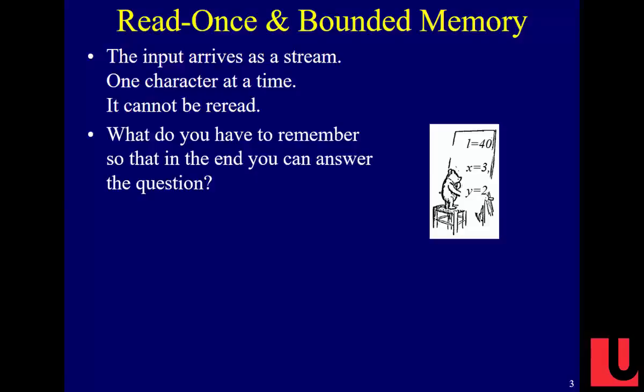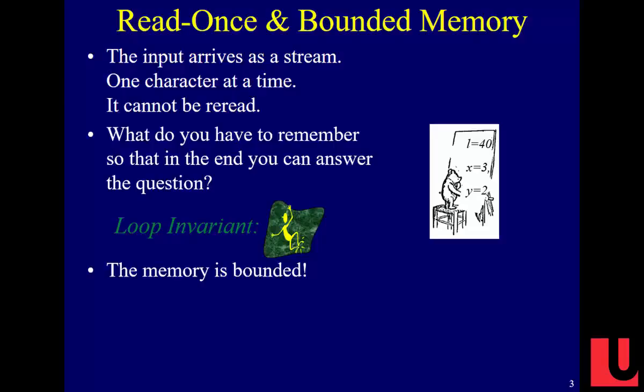Because anything you need to remember, you have to store in your states. And just as before, we're going to store our states by writing things on Pooh Bear's blackboard, which will mean we're in the state which knows these facts. All right? And we're going to have a loop invariant. It's going to tell me what do I remember I've seen so far.